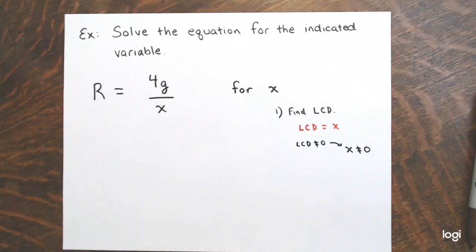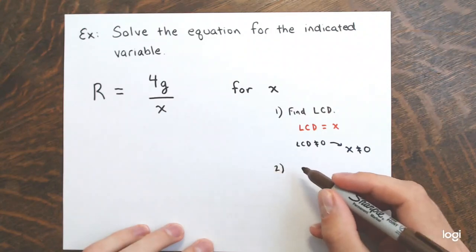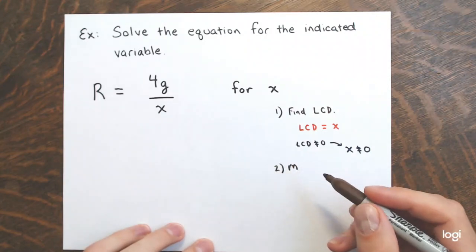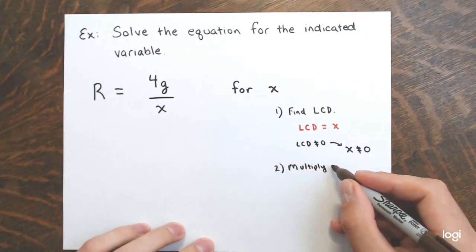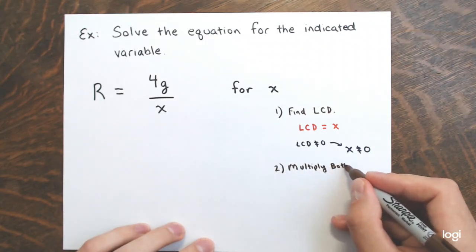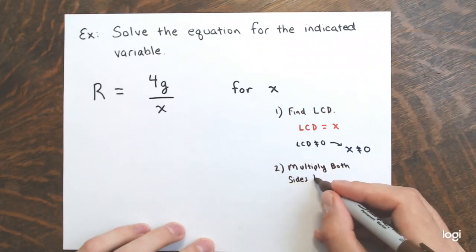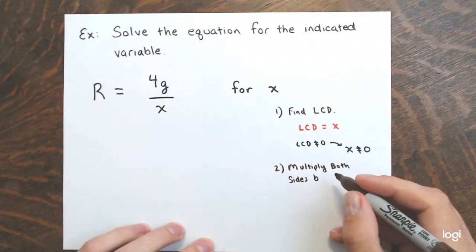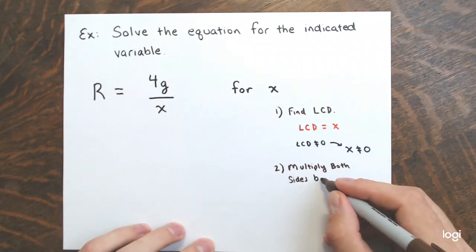Then, multiply both sides by the LCD. The reason for doing this is to change your equation with fractions into an equation without fractions, with denominators that are just 1.